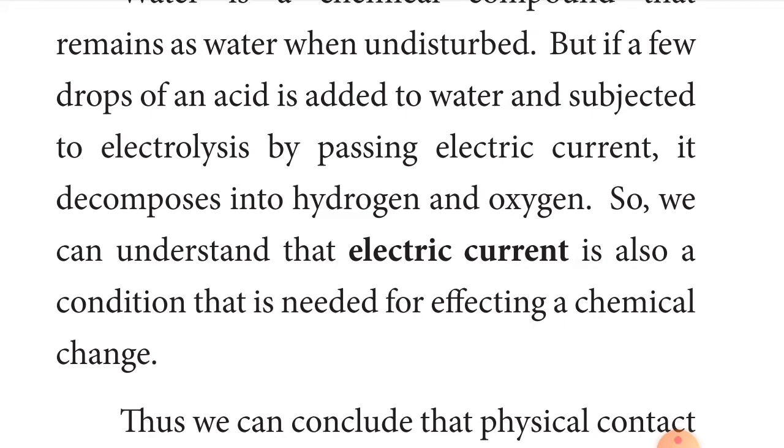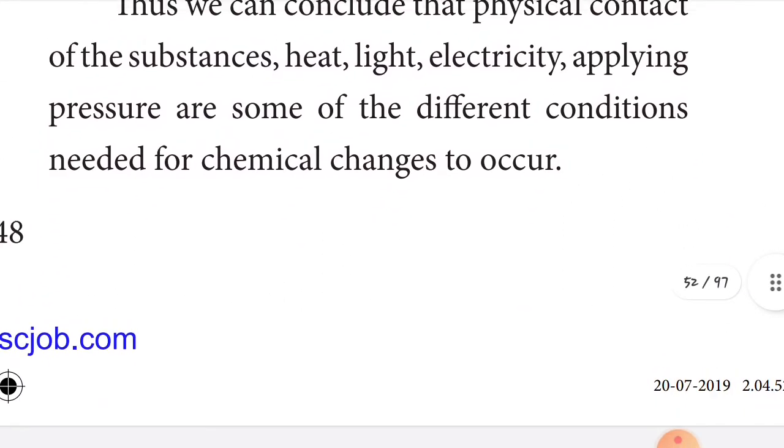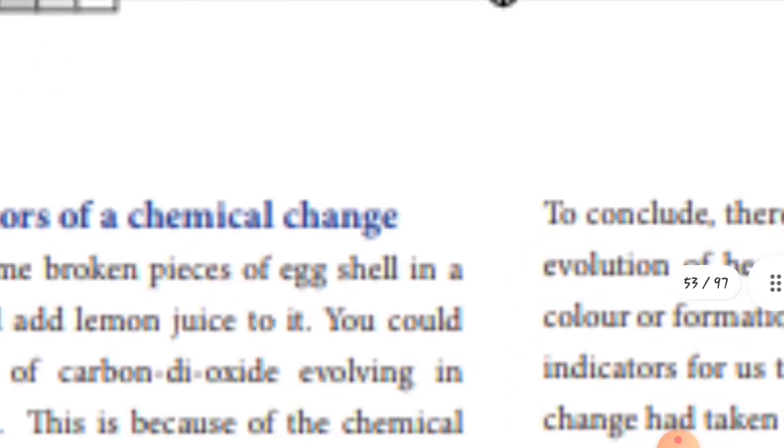So we can understand that electric current is also a condition needed for effecting chemical changes. Thus we can conclude that physical contact of substances, heat, light, electricity, and applying some amount of pressure are among the different conditions needed for chemical changes. This is clear to you, children? So this part will be over, children.